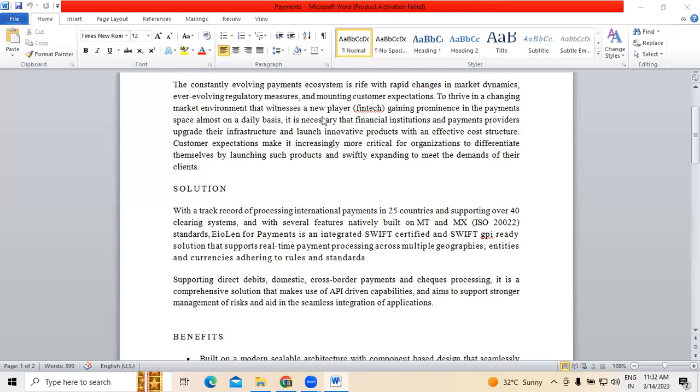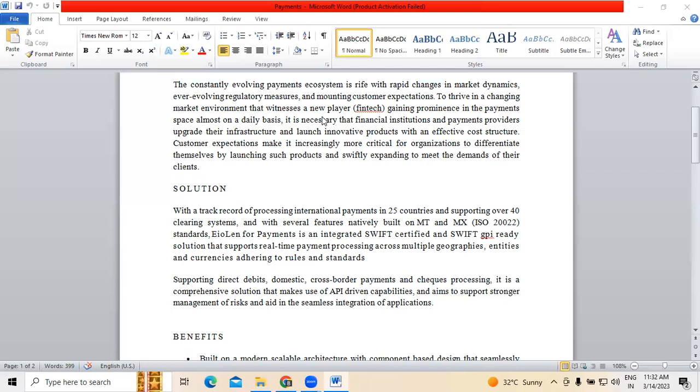It supports real-time payment processing across multiple geographies, irrespective of the kind of geography it belongs to. It supports real-time payment processing across multiple geographies, entities, and currencies, adhering to the rules and the standards, because every geographical location has its own currency. Point number one. Every geographical location has its own rules. Point number two. Every geographical location will have its own standards. Point number three.